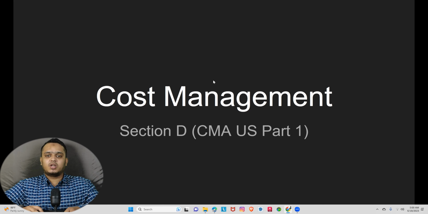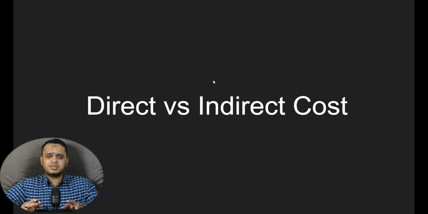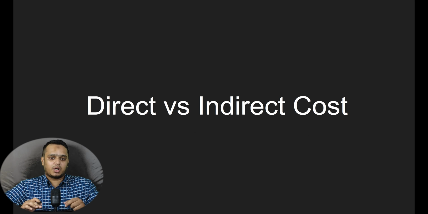To get started with cost management, the first and foremost thing is understanding direct versus indirect cost. A direct cost is something which is directly attributable to the product. What all things can come under a direct cost? Direct material, direct labor, direct overhead, or you can also call it direct expense.